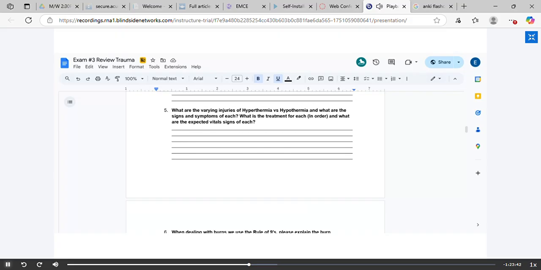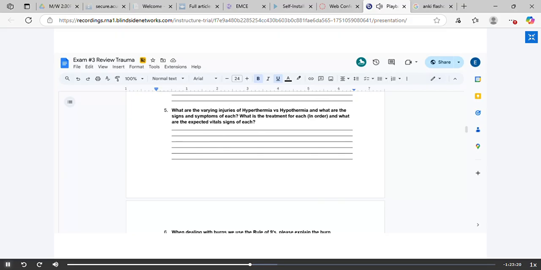And the first ones are your skin is going to be cool and pale. The mental status, your patient's still going to be alert, but they're going to be shivering. Okay, and they're going to have poor muscle coordination and tachycardia and tachypnea. Okay, so heart rate's going to increase, respiratory rate's going to increase.